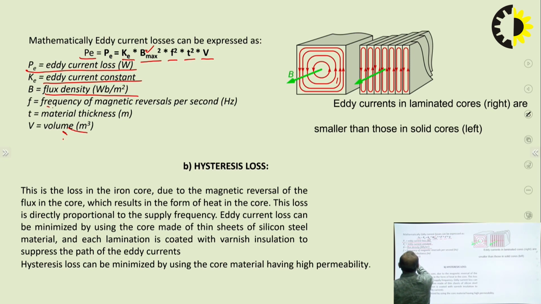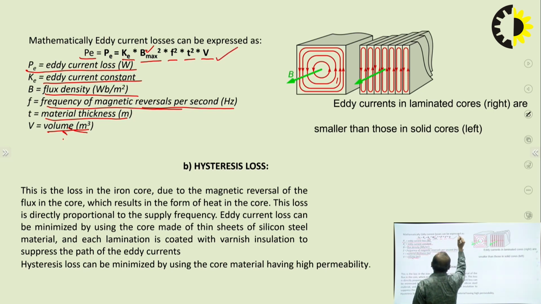F is the frequency of the AC supply, that is, the frequency of magnetic reversals per second in hertz, T is the thickness of the core material that we are using, and V is the volume of the core in meter cube. So this is the expression for calculation of eddy current power loss.